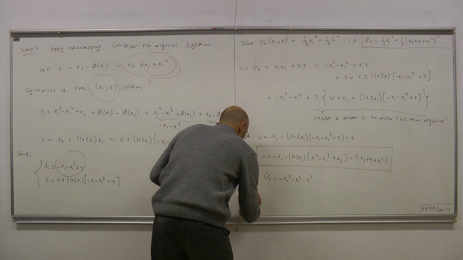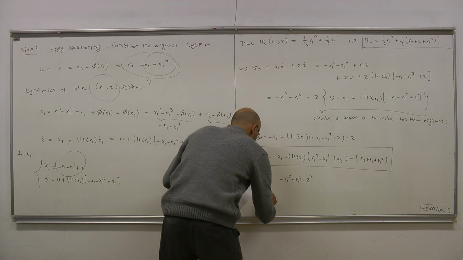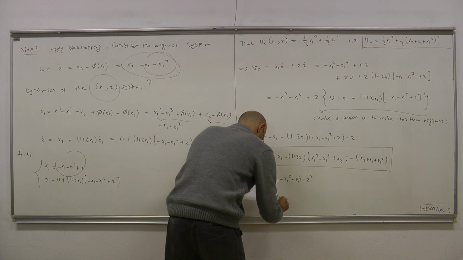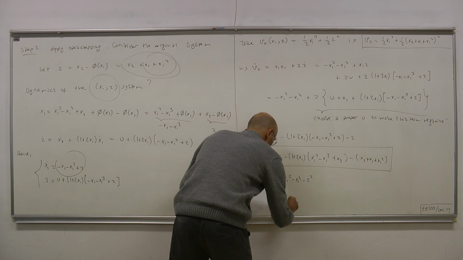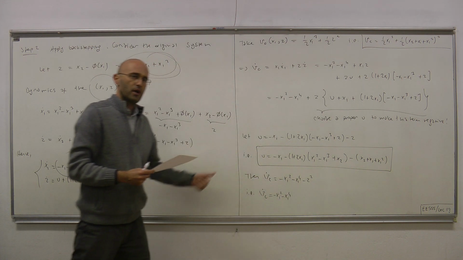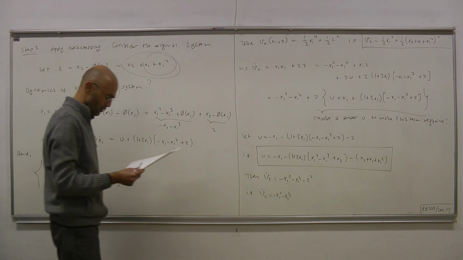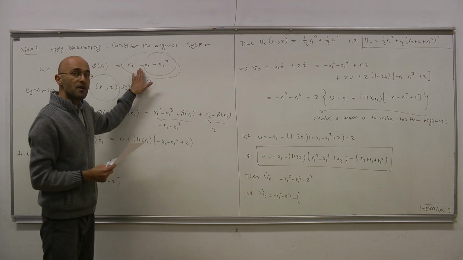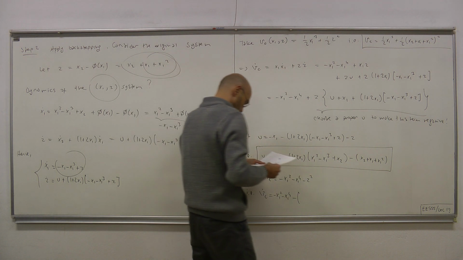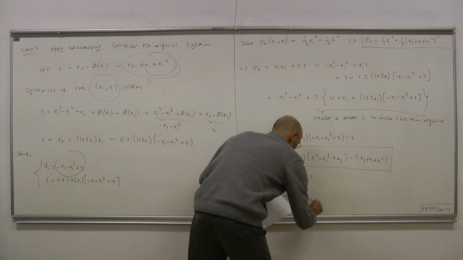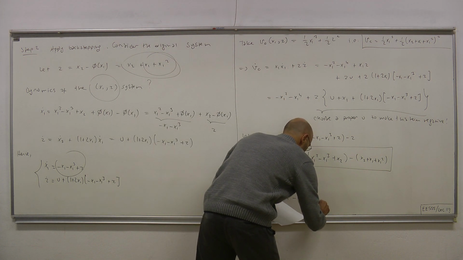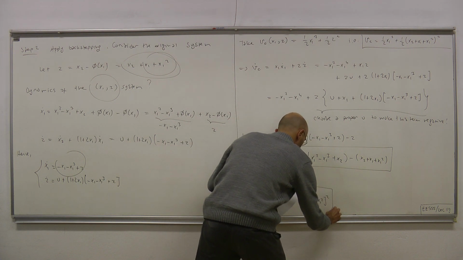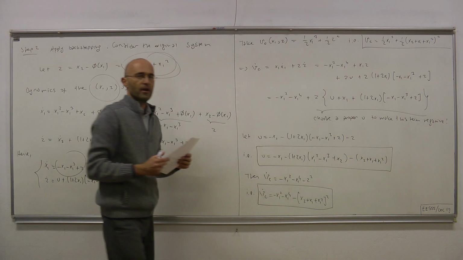That is, we see that Vc dot equals minus x1 squared minus x1 to the 4, and in terms of the original coordinates, minus z squared, where z is x2 plus x1 squared.